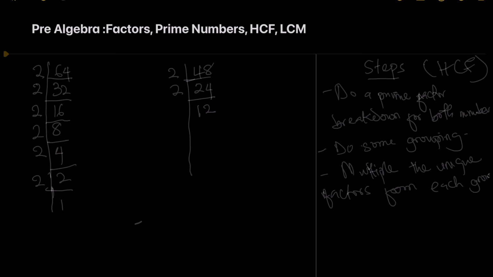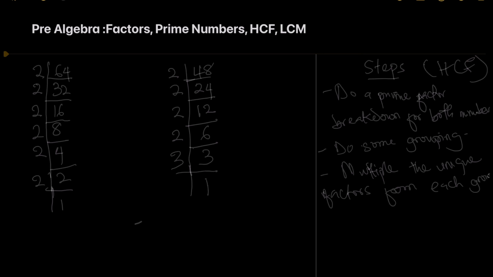And then 2 can still divide through, so we divide by 2, and then we get 6. Here 2 can still divide through, and then we get 3. And then we see now that 2 cannot divide through 3. So we cannot divide by 2, and then we go to 3, and we divide by 3. And then here we basically get 1, right?